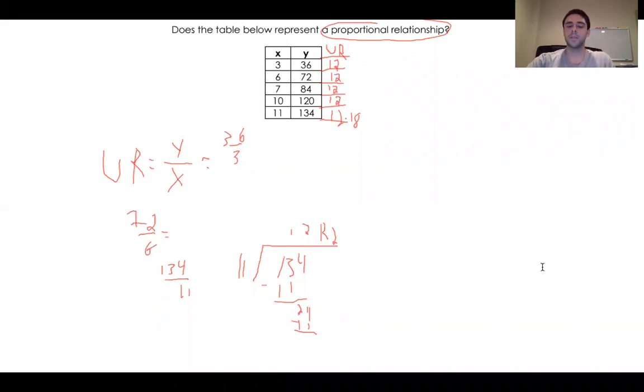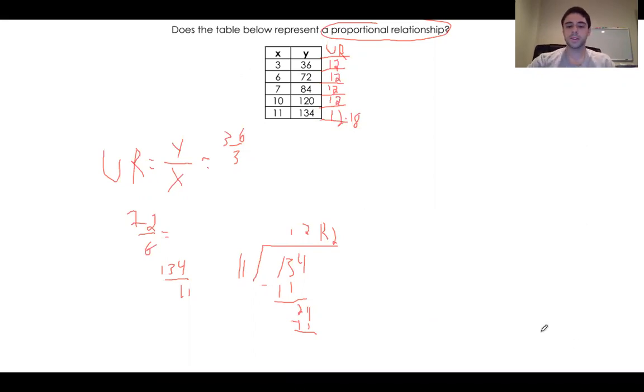Right, because they don't all have the same unit rate. They don't all equal 12. Excellent. I'm going to show, call, and answer for us. They do not all have the same unit rate. Therefore, this table does not represent a proportional relationship.